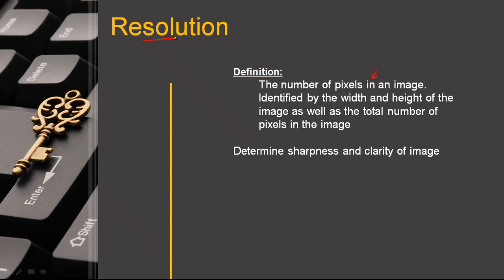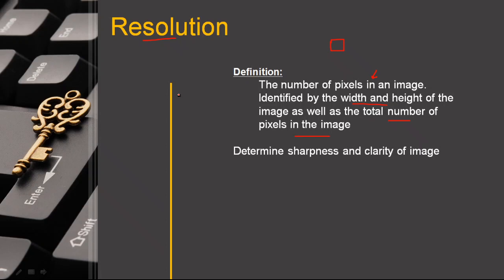Or you can say the number of pixels in 1 inch, or the number of dots per inch in a canvas, is called resolution. How is the resolution identified? Resolution is identified by the width and height of the image as well as the total number of pixels in the image.